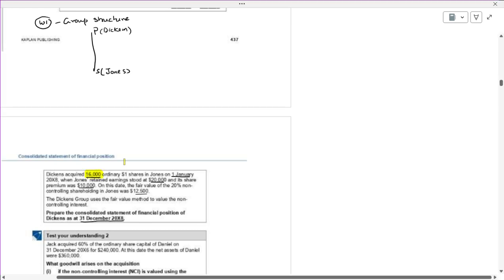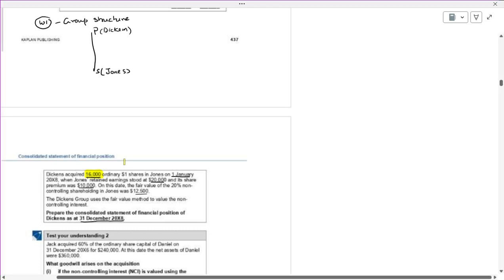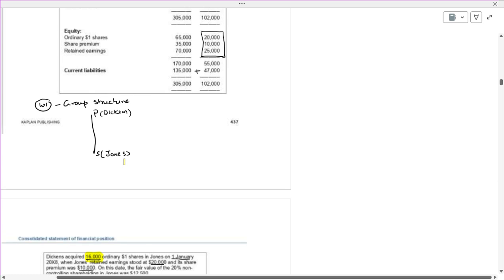How much have they purchased? Dickon purchased how much? $16,000.